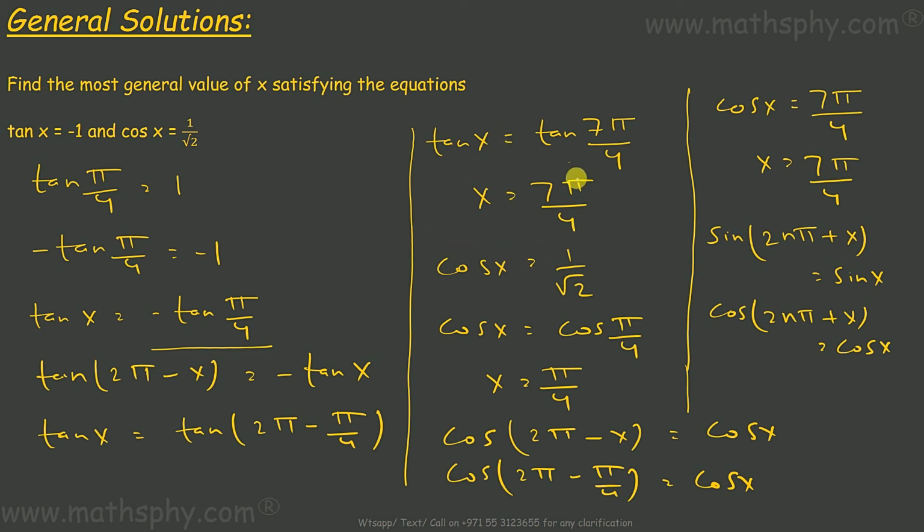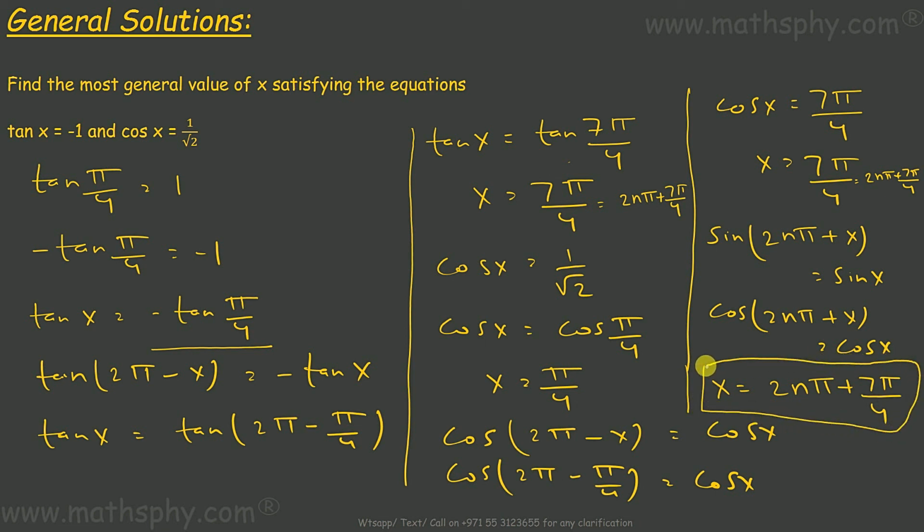It means this tan x can be written as 2n pi plus 7 pi over 4. And this cos x will also be written as 2n pi plus 7 pi over 4. So the most general value of x can be taken as x equals 2n pi plus 7 pi over 4. That's the solution here.